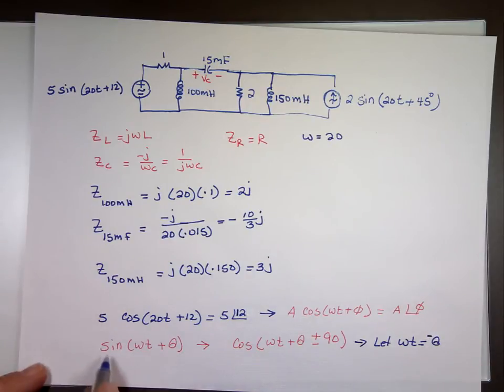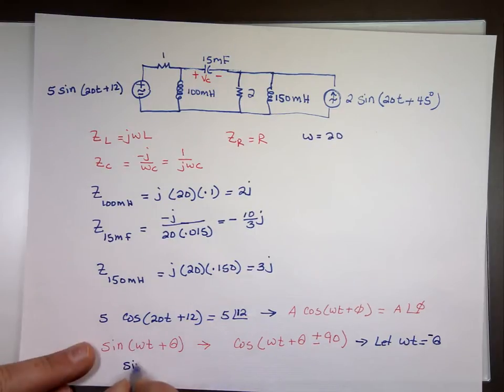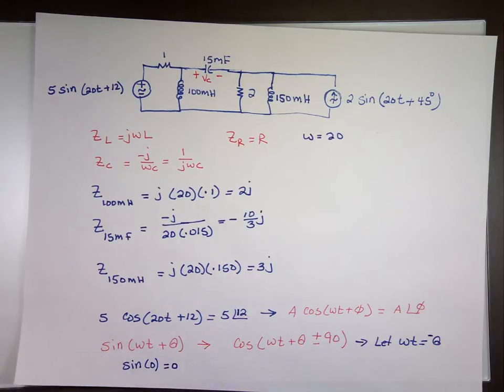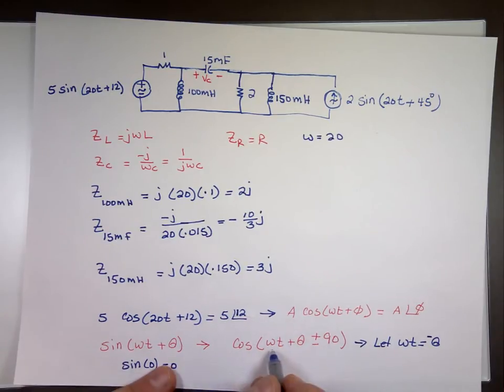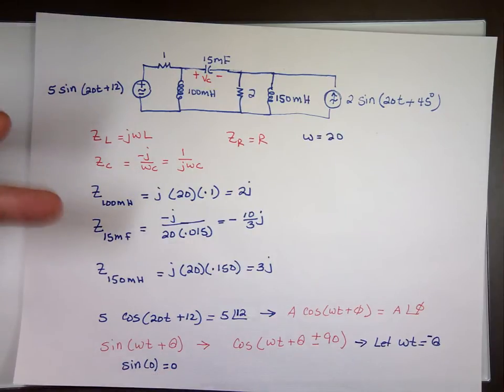This becomes sine of what? Sine of 0, which is what? 0, right? If you let Wt equals negative theta. What happens if you let this equals negative theta? Is it cosine 90 or cosine negative 90? That doesn't really tell you much, still 0, right? So that wasn't a good choice. Okay.